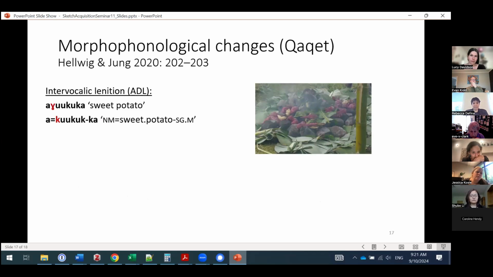One really interesting change which they noted in child-directed speech in Carquette is this emergence of underlying forms. So in adult-directed speech, you get this article being added to the noun. So you've got this appearing in front of the noun, and then this triggers this intervocalic lenition.